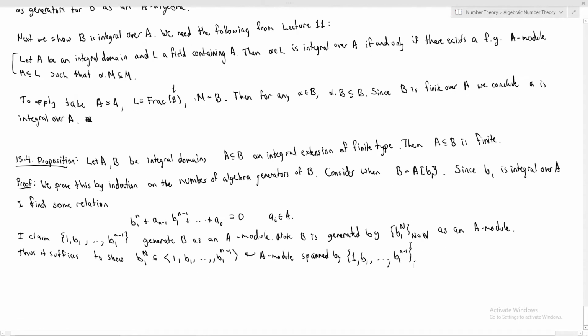Okay, so if I can show every power of B1 is in there, then all of B will be contained in this span. Okay, so again we're going to do induction. So this is kind of like a nested induction process, and we're going to do induction on this big N. We see that it clearly holds for n equals 0.